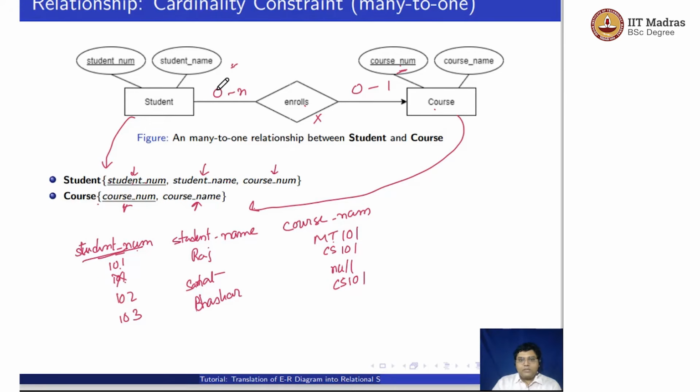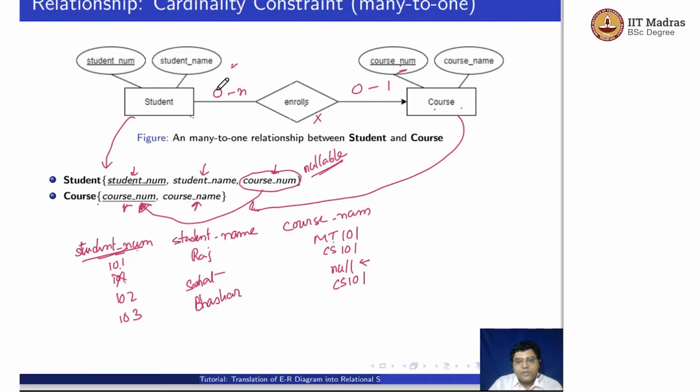So he's opting for one course at most, because 103 I cannot reuse, because it's a primary key. So I'm putting a constraint, right? The student can enroll for at most one course. If it is 0 courses, then I'll put a null entry over here for the course number. So that's why you have to remember this particular column. This is basically a foreign key, which is referring to this course number of the course. But this has to be a nullable attribute.